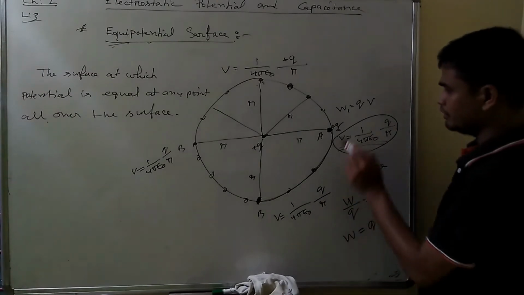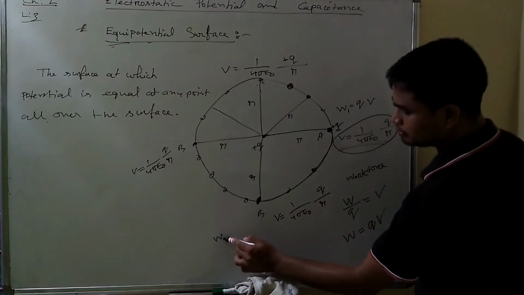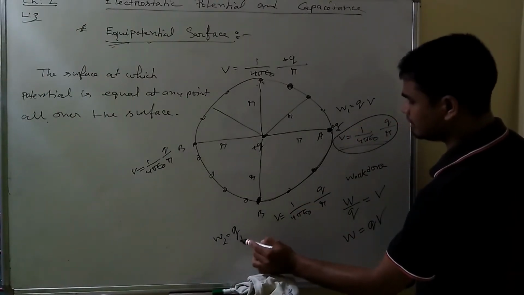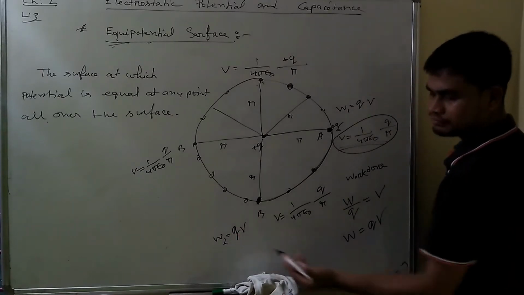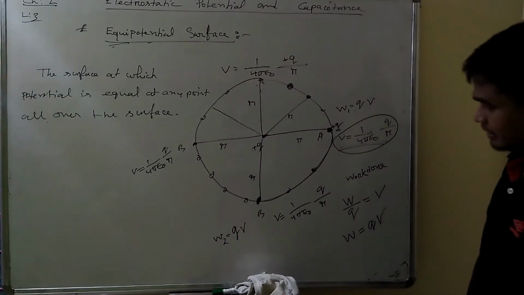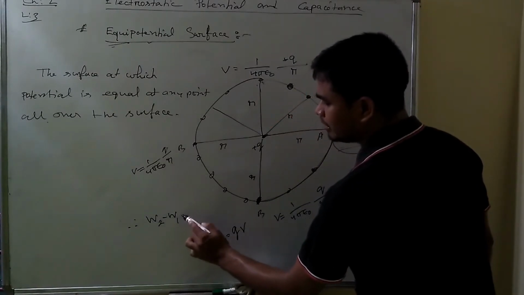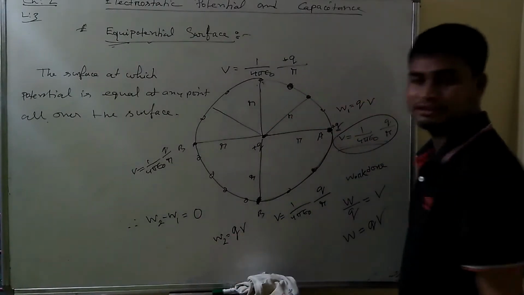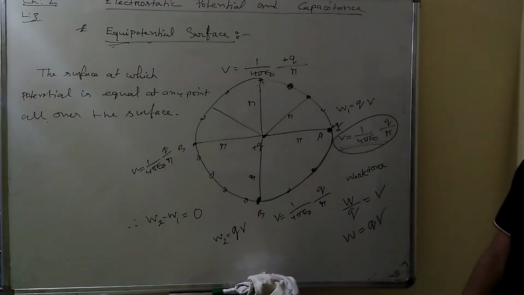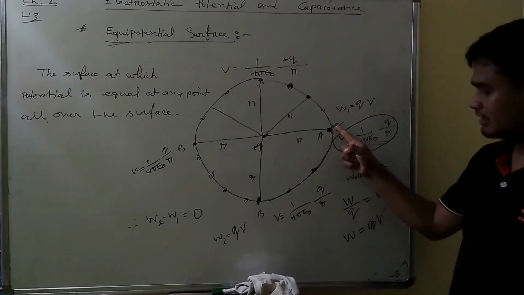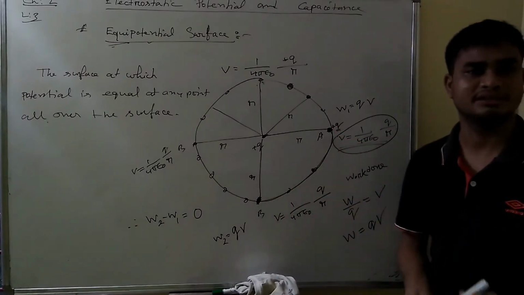Therefore the work done W2 is equal to Q into V, the same. Therefore work done W2 minus W1 is equal to how much? 0. If W2 minus W1 is equal to 0, that means there is no need to do work to bring this charge from this point to this.